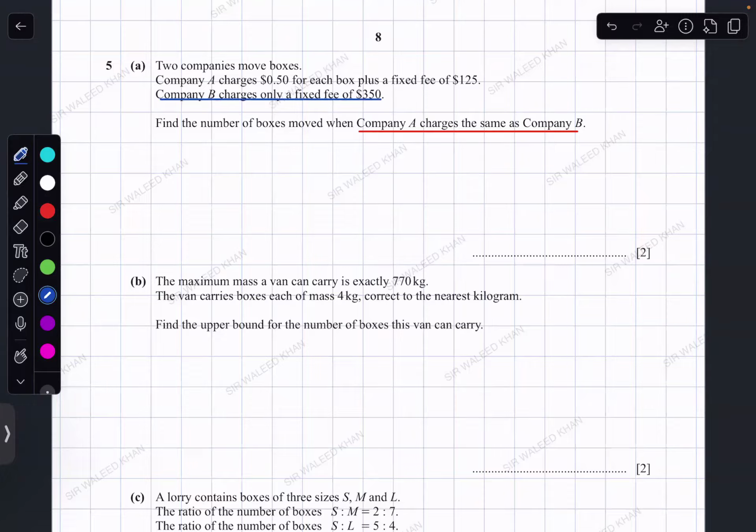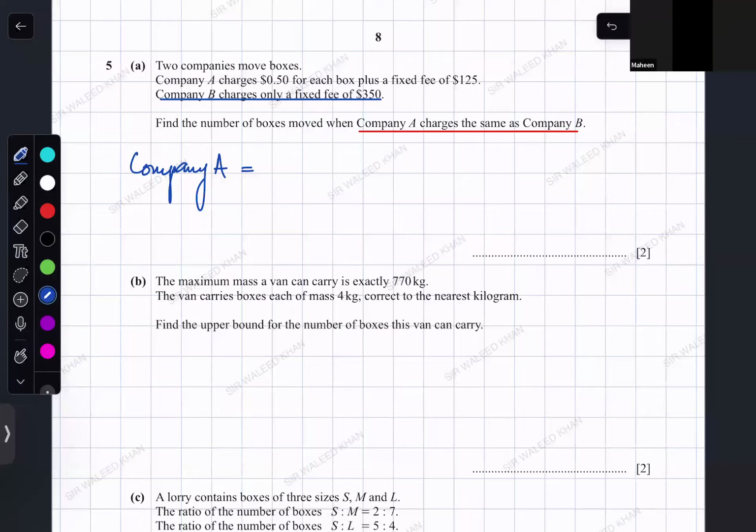That means company A is charging how much? Is company A also charging 350? Yes or no? Yes. So company A is also charging $350.